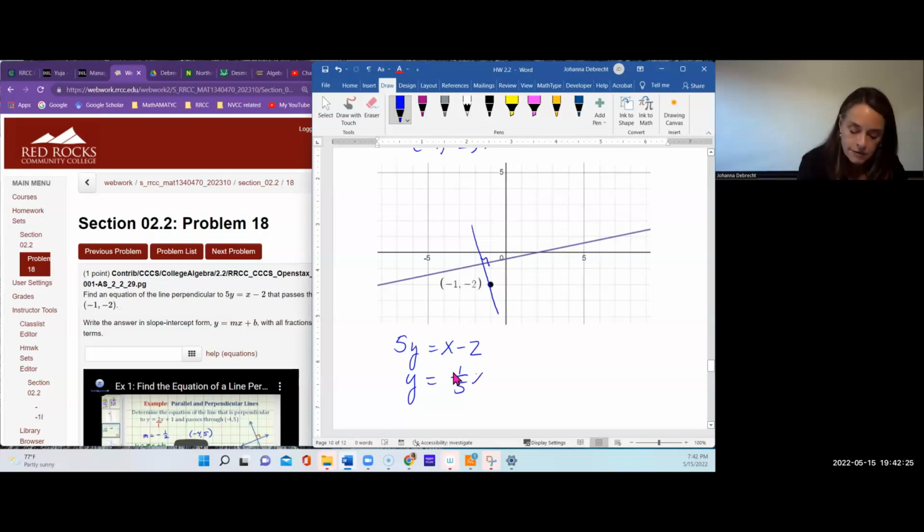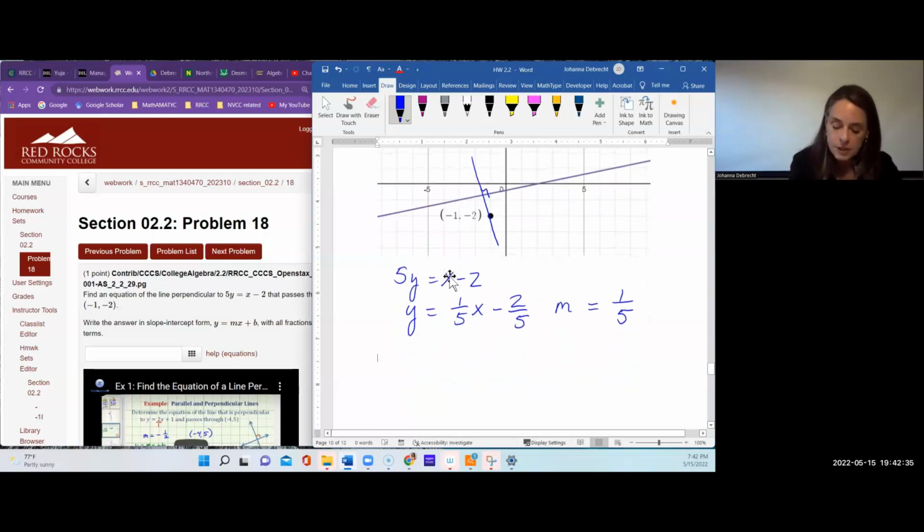This gives me 1/5 x minus 2/5. I'm interested only in the slope of this line. The slope is 1/5. To get the perpendicular slope, we often use an upside down uppercase letter T to show perpendicular. This is a positive line right here with a 1/5 slope, relatively flat, which matches the picture.